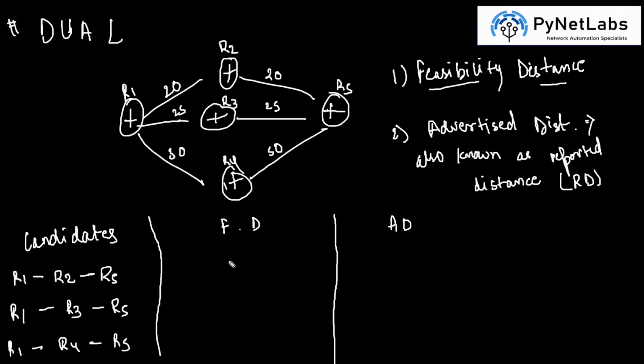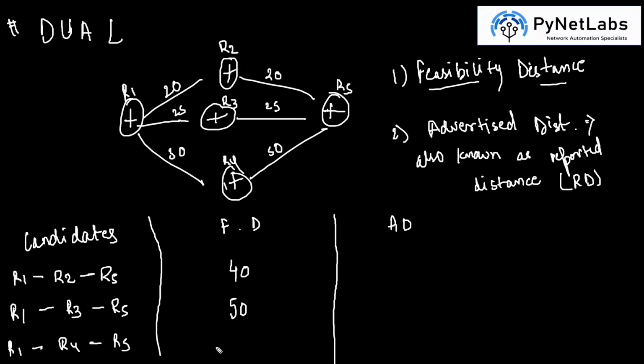So let's write 40 here, right? Yes. Okay. Now when it comes to route number 2, from R1 to R3, then from R3 to R5, the feasibility distance or FD will be 25 plus 25, 50.